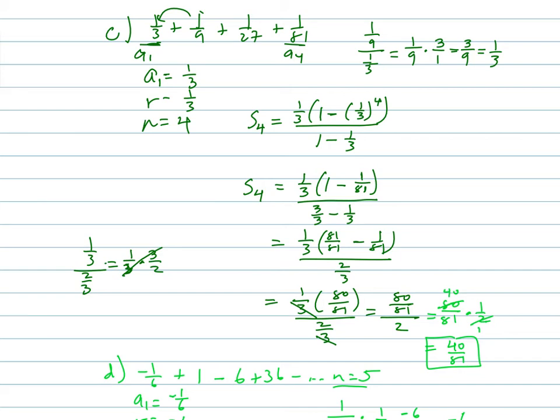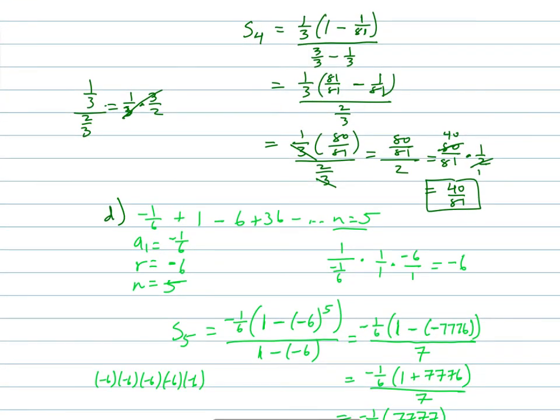But again, what is 80 over 81 divided by 2? It's the same as multiplying by the reciprocal of 2 over 1, which is 1 over 2. I could multiply this out and get 80 over 162, but it's easier just to go 80 over 2. That's 40 over 1. So we get 40 over 81. That's our final sum.